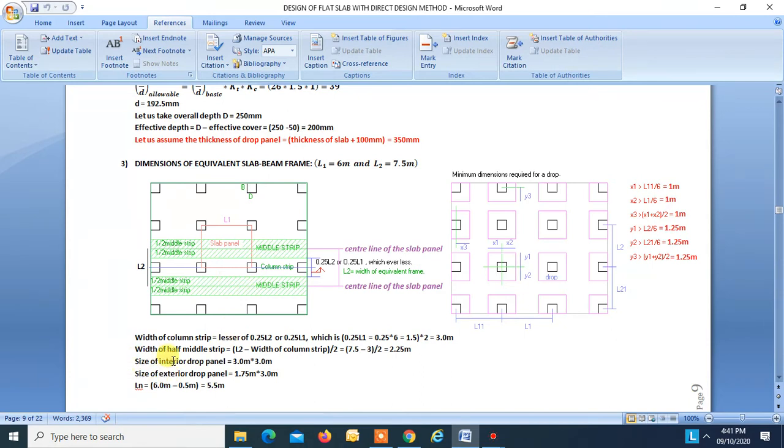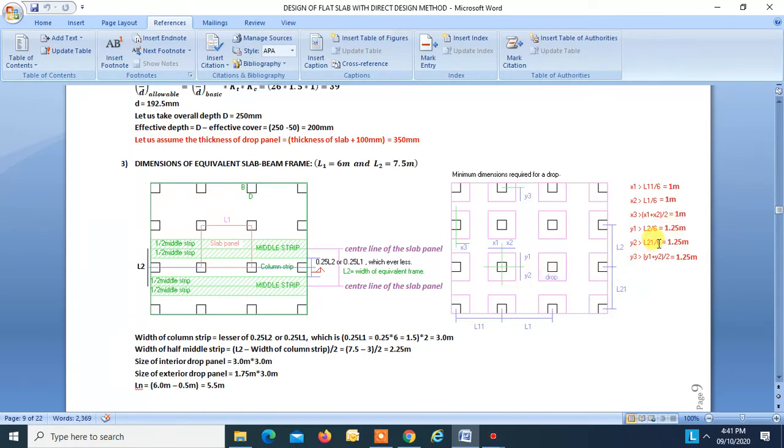Now, size of interior drop panel. x1 is L1 by 6, which is 6 by 6, 1 meter. x2, L1 is 6 meters, so 6 by 6 is 1 meter. y1, L2 is 7.5 meters, so 7.5 divided by 6 is 1.25.